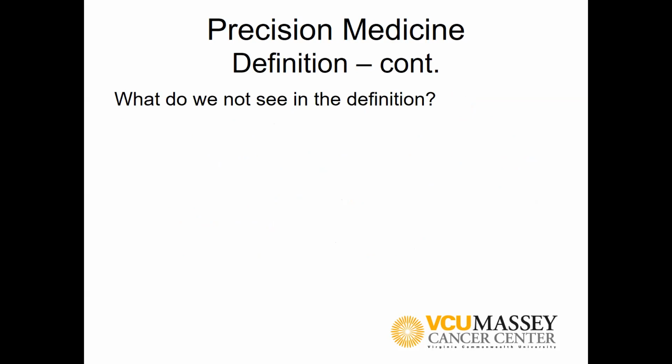So what is not in the definition? We haven't heard it in this definition of precision medicine so far. Anyone, what do we usually hear about precision medicine? So we haven't heard of genomics. Precision medicine doesn't just mean that we're looking at the genome of the patient or the genome of the tumor and trying to figure out specific treatment based on that.